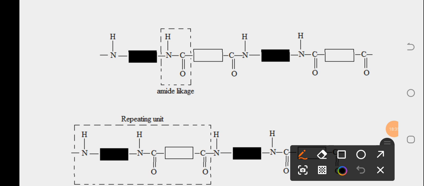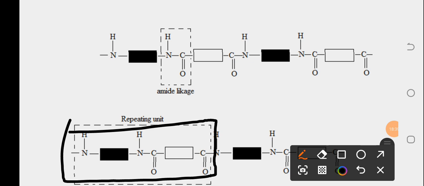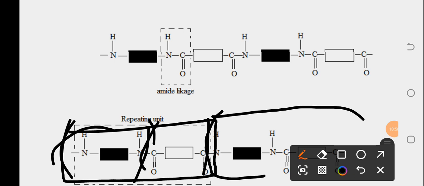In this case, this is one unit, because this is the combination of this diamine and this dicarboxylic. So if you see, these are just repeating themselves, one and the same as this one. So this is the repeating unit.